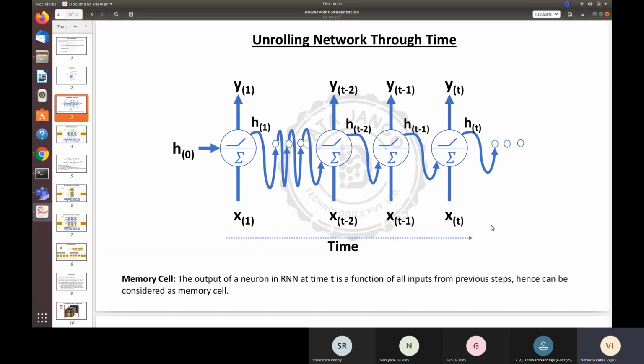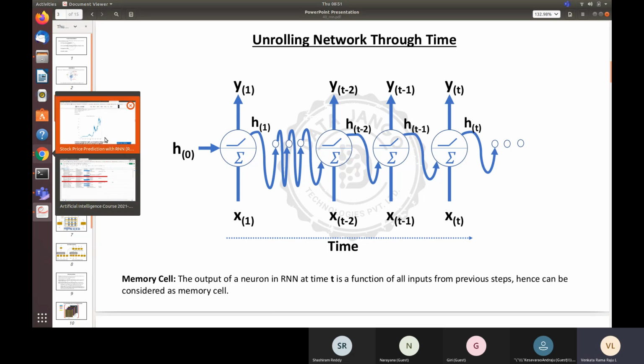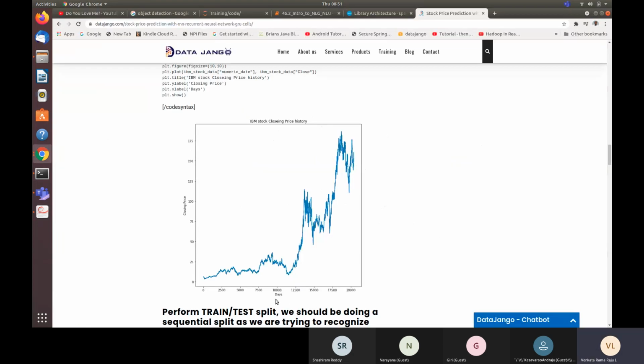When I say n number of time steps, I have taken 12 years of stock market data. For each year there are going to be 365 days, maybe working days maybe 200. Take 200 as working days, stock market working days.